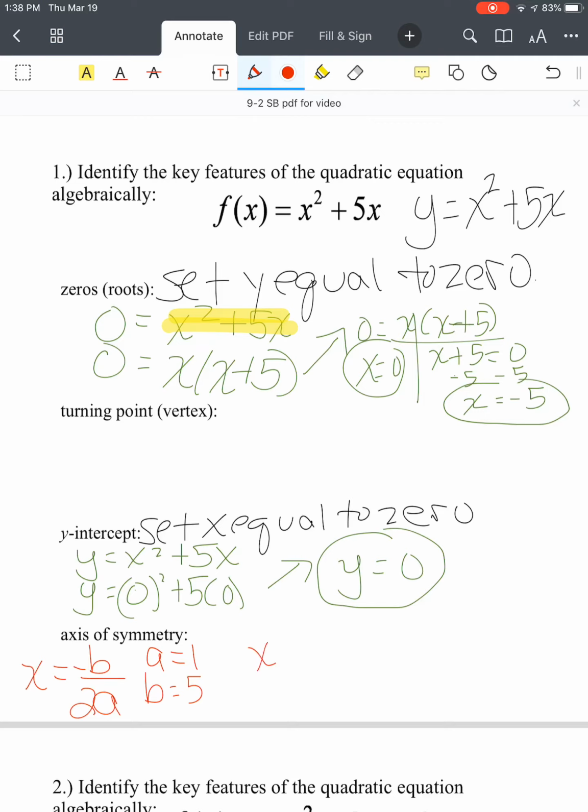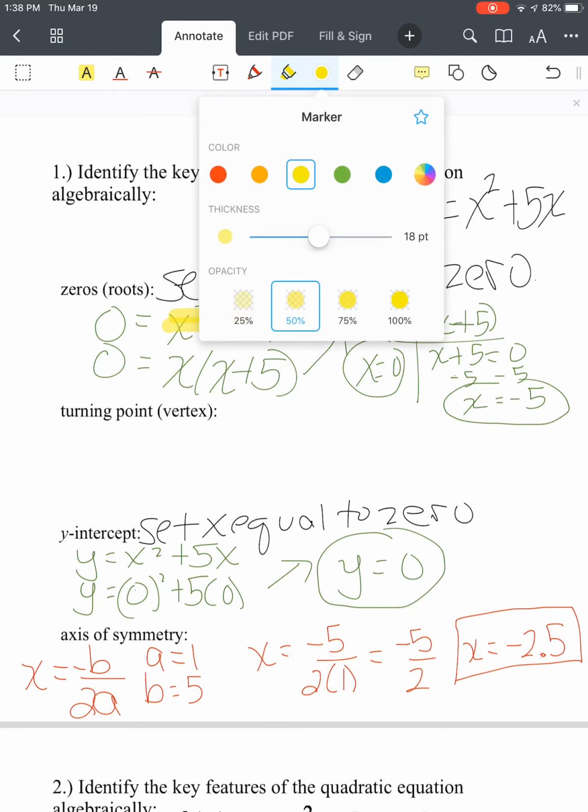So x equals negative b, so negative 5 over 2 times 1. I can write that as negative 5 over 2. So the equation for my axis of symmetry is x equals negative 5 over 2, or you could say negative 2.5. So this parabola gets cut in half at x equals negative 2.5.